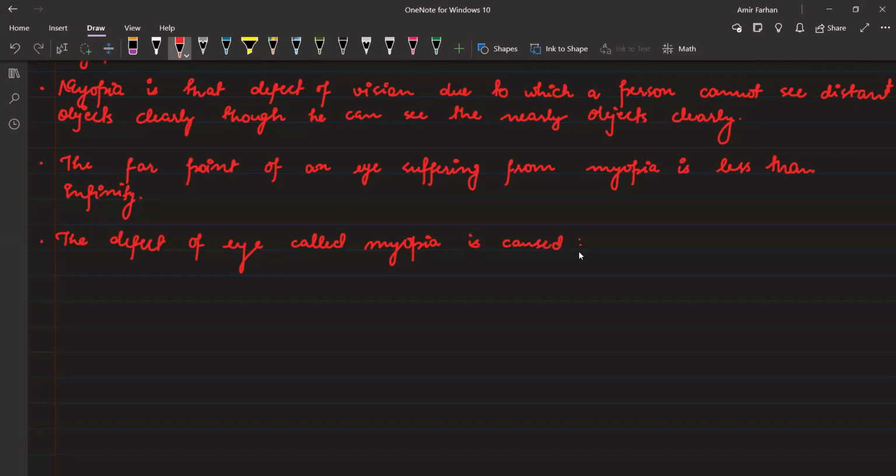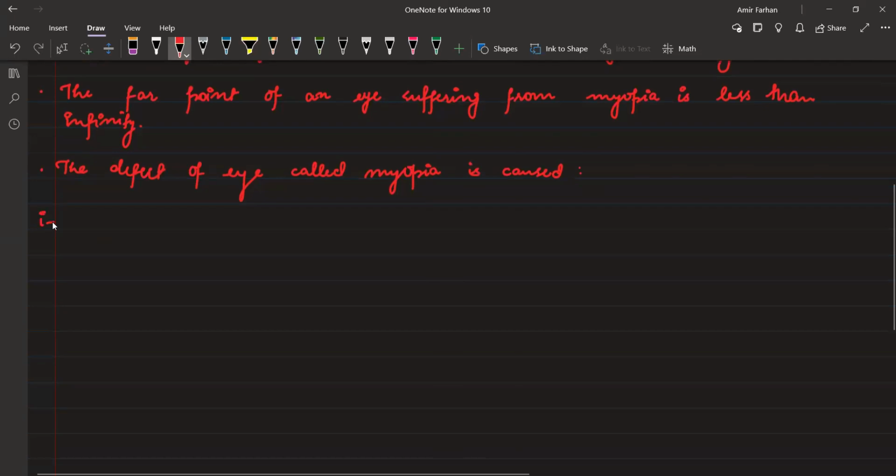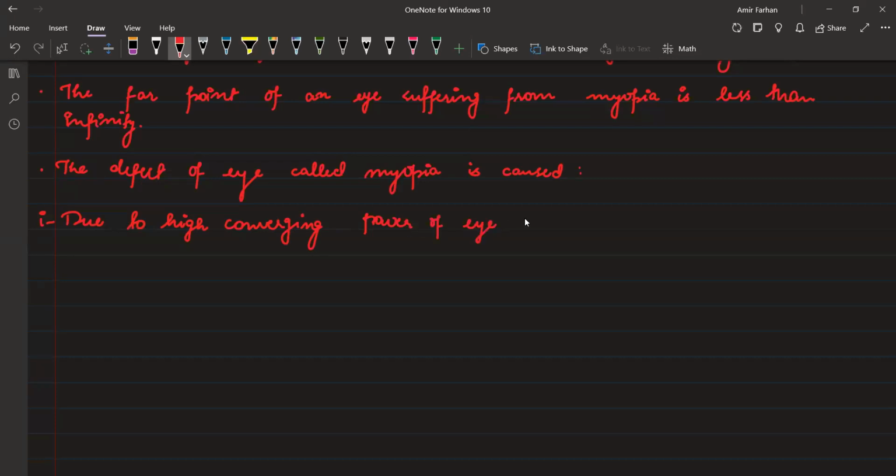First, the converging power of the eye lens increases. The eye lens converges the rays, focusing them too strongly, and this has increased.